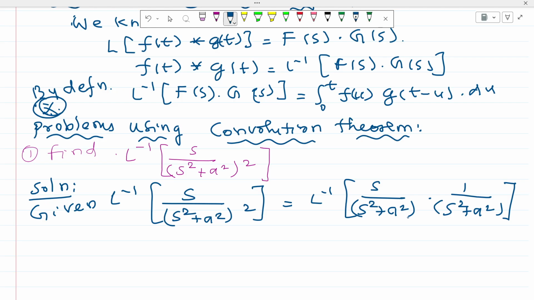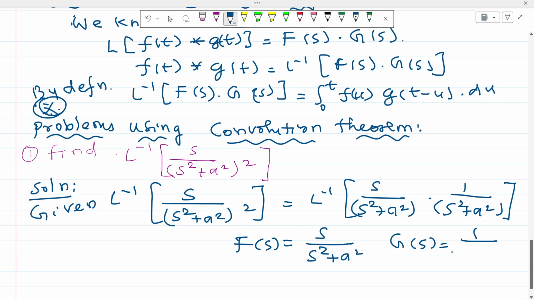In case (s square plus a square) whole square is there, at that time you have to split the function. It is in the format of F(s) into G(s). What is F(s) here? S divided by s square plus a square. G(s) is 1 by s square plus a square.